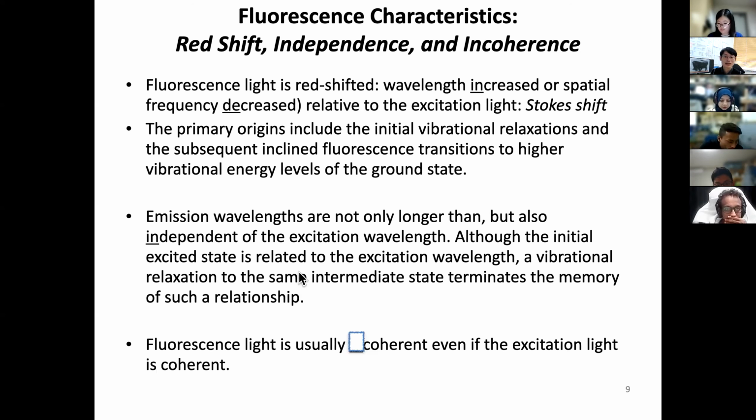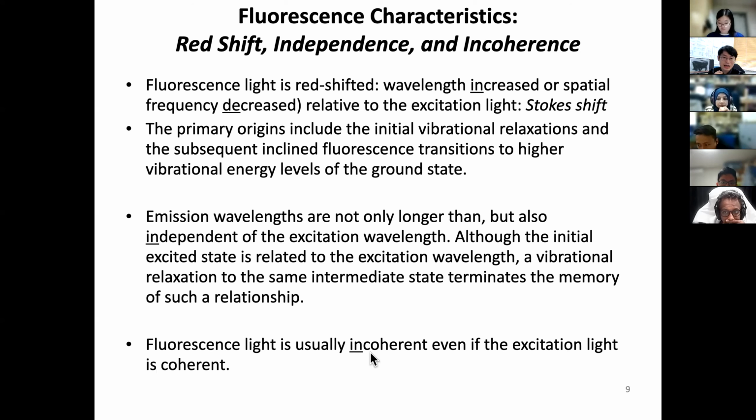And the last one, as a fluorescence light is usually, yes, this is actually pretty tough, so I will explain. Even if you use a laser light, such as coherent light, in general, fluorescence is incoherent. What that means is each fluorophore, when they fluoresce, does it kind of randomly, so you lose the phase relationship.